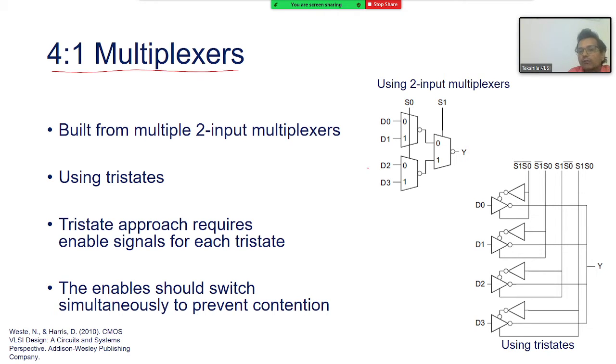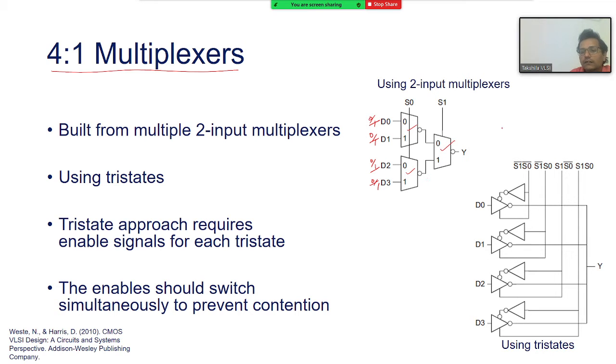What if I want to implement a 4:1 multiplexer? So I have 4 data lines. Each data line will carry logic 0 or 1, right? You see I have used 2 different multiplexers here, and the third one.